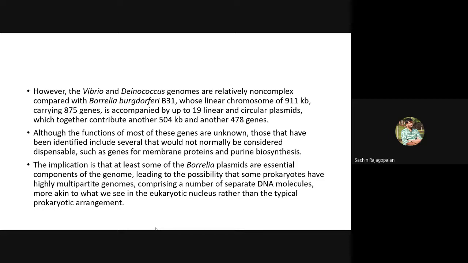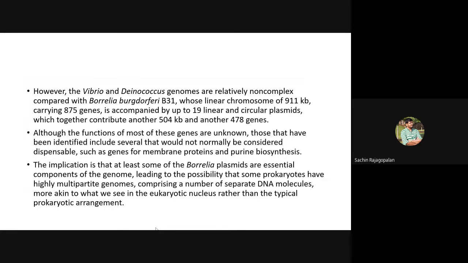Now, one thing is for sure: the Borrelia plasmids are essential components. This is for sure about prokaryotes which show highly multipartite genomes, where the genome is broken into several pieces, several molecules, and there are multiple DNA molecules inside the organism.